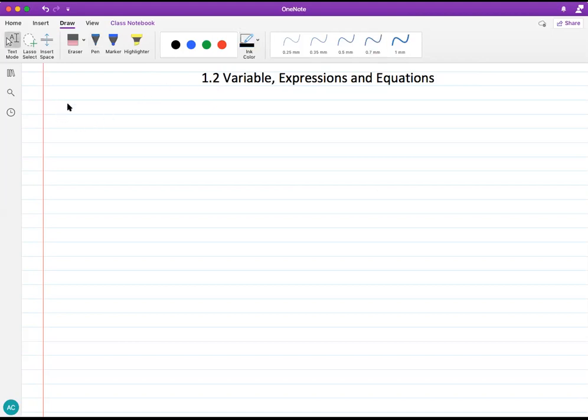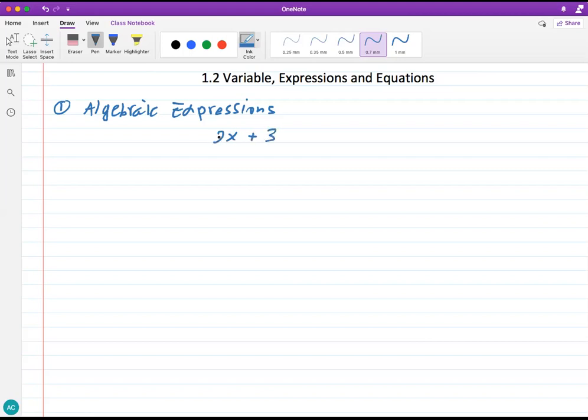So throughout this class, we're going to be talking about, this is an algebra class, so we need to understand algebraic expressions. All right, so an algebraic expression is basically an expression with letters and some numbers.